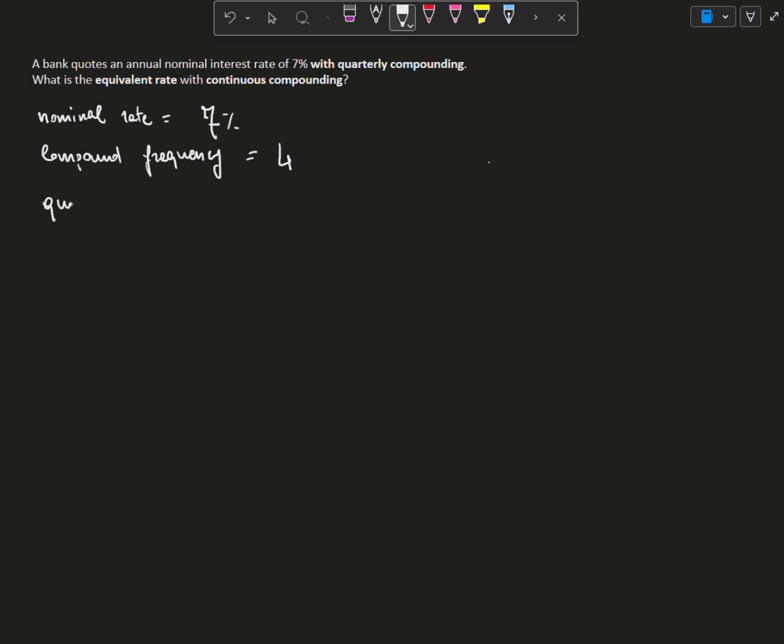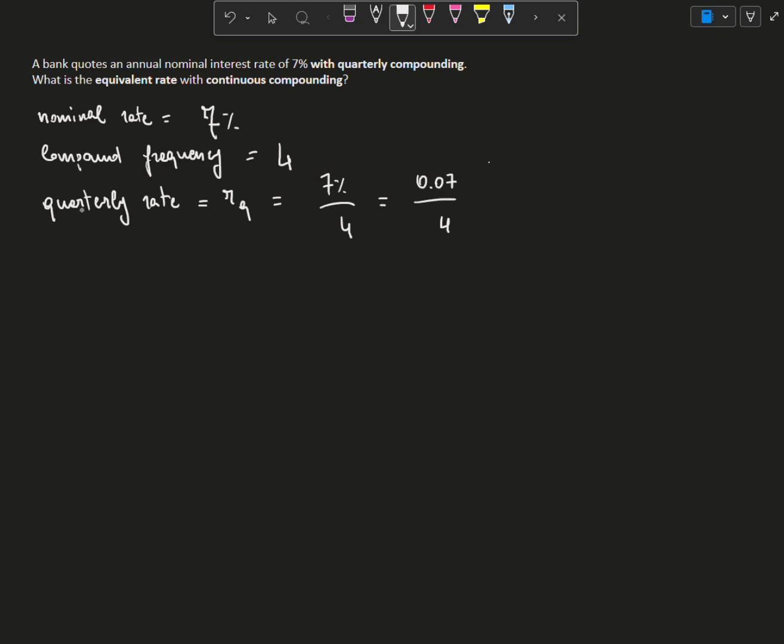So our quarterly rate, which we will denote as RQ, is going to be equal to 7% over 4, or 0.07 over 4.